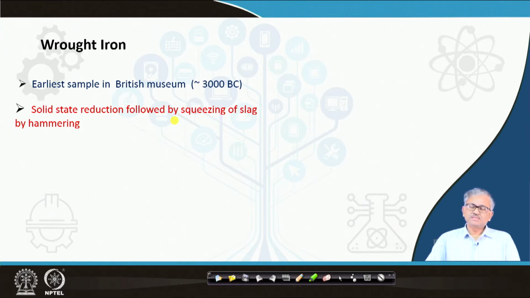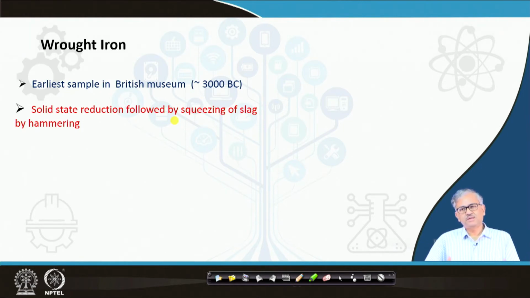You cannot go to the liquid state because it requires much higher temperature, which was not available at that time. The oven ran by cold air blast with natural draft, with carbonaceous material burning, and the temperature could reach maybe 1100 degrees centigrade at maximum. So the material remains solid, and you can take out the oxygen from the ore and make it iron.